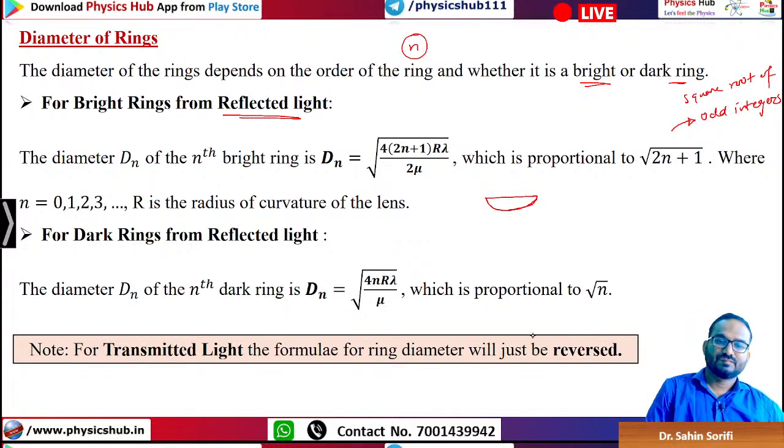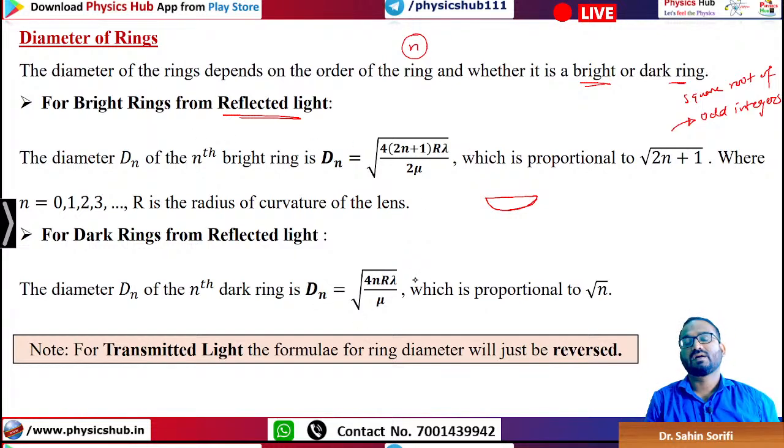For transmitted light, the formula of ring diameter will just be reversed. The diameter of the bright ring will be Dn equals root over 4n lambda r by mu, and the diameter of the dark ring will be root over 4 into (2n plus 1) r lambda by 2 mu. I hope this is clear.